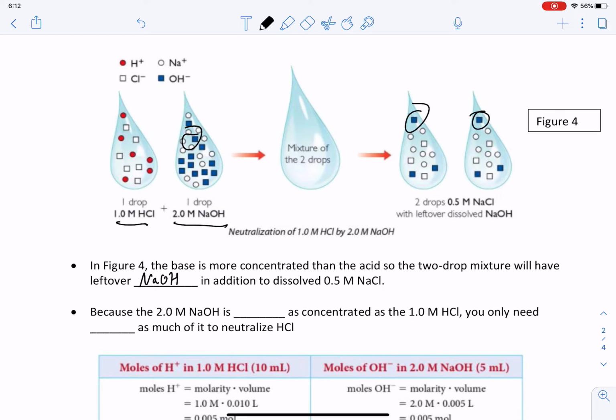That's what we can see on the right-hand side here. Because the 2.0 molar sodium hydroxide is twice as concentrated as hydrochloric acid, you only need half as much, right? Because we have a lot of leftover hydroxide ions floating around.